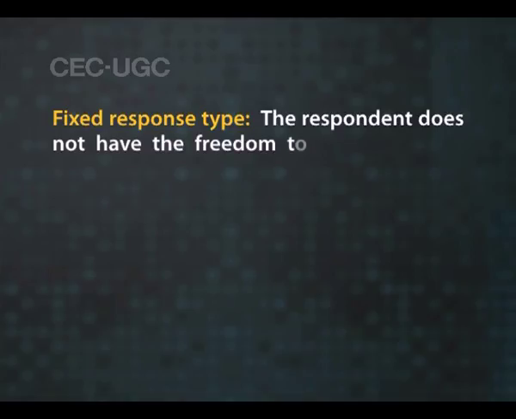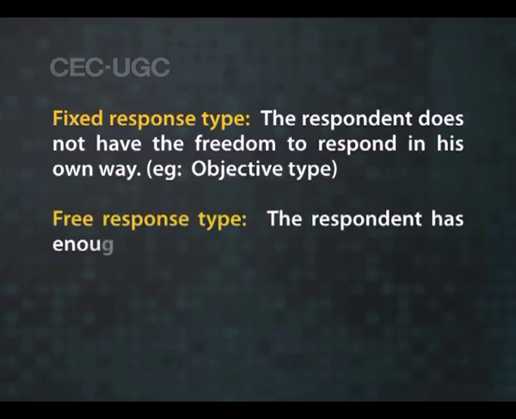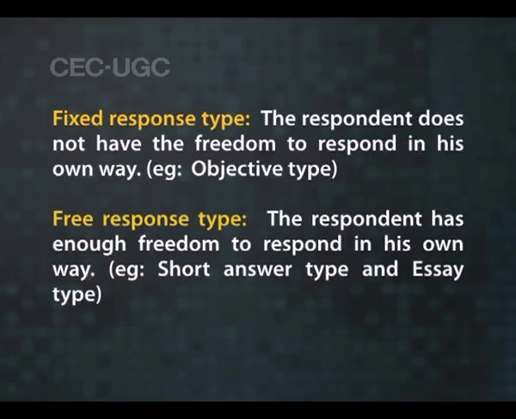Fixed response type. Here the respondent does not have the freedom to respond in his or her own way. Example, objective type. Free response type. Here the respondent has enough freedom to respond in his or her own way. Example, short answer type and essay type.